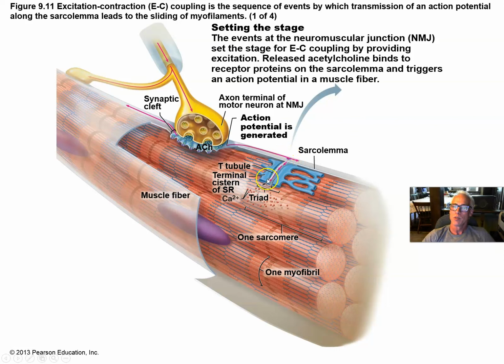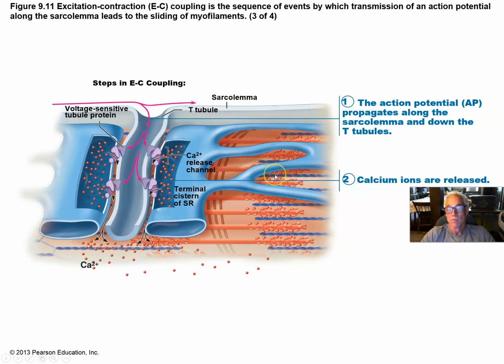So the wave of depolarization spreads down deep into the muscle cell, snuggled up against the terminal cisterns of the sarcoplasmic reticulum. So when the wave of depolarization enters into the T-tubules, there are electrically sensitive proteins in the membrane there, called foot proteins, that change shape or conformation when the membrane depolarizes, and they in turn change the conformation or shape of some valves, some channels on the membrane of the terminal cisterns, and the sarcoplasmic reticulum lets calcium ions shoot out into the cytoplasm like a lightning flash.